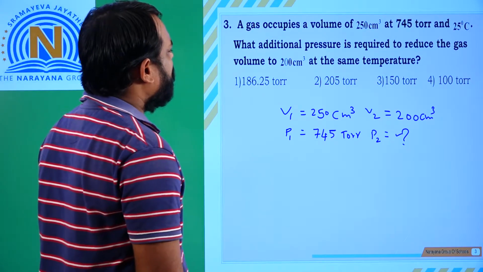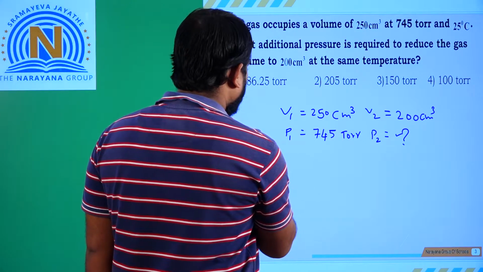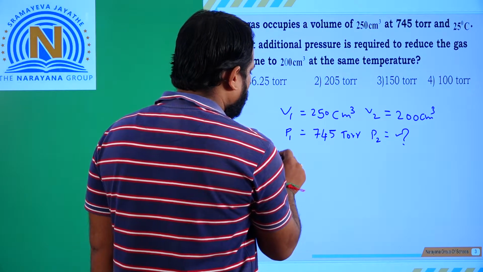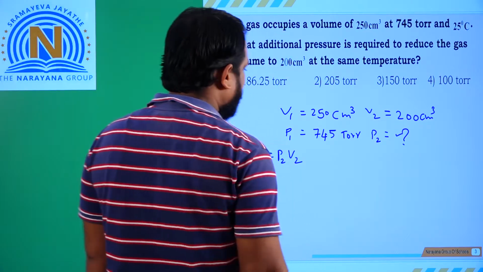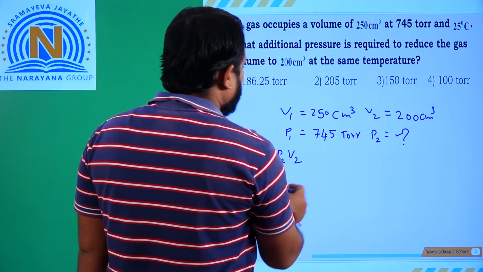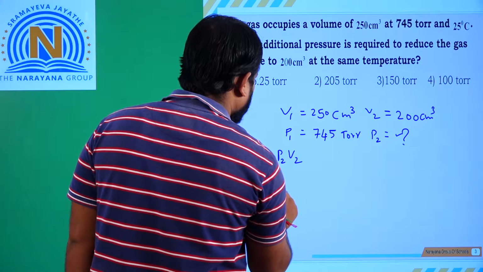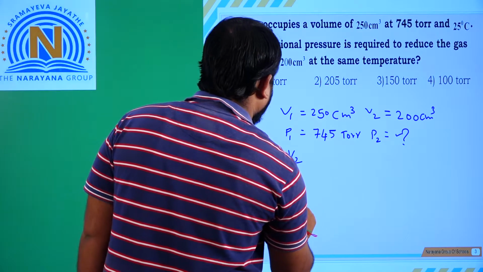So what is Boyle's law? The product of pressure and volume is constant. When two states of the gas are given, the relation is P1 V1 is equal to P2 V2. What we should find is P2. So P2 is equal to P1 V1 by V2.